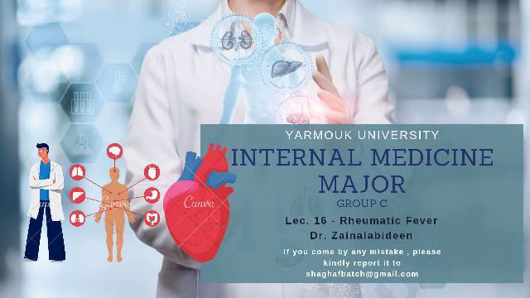In patients who are adolescent, and you know what's the meaning of adolescent, only 30% of the patients will be affected with carditis. The patient, if develops breathlessness, it may indicate heart failure, pericardial effusion.